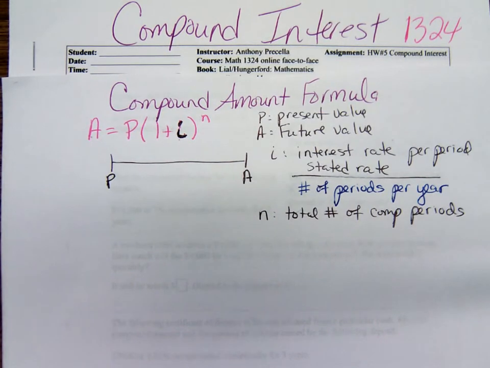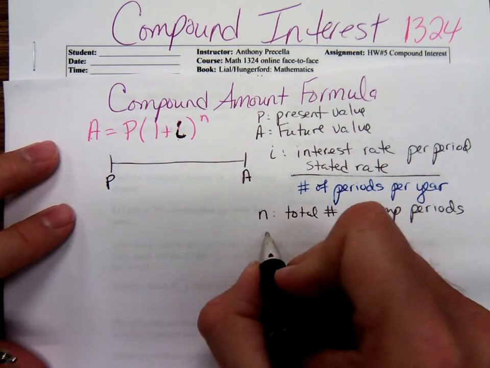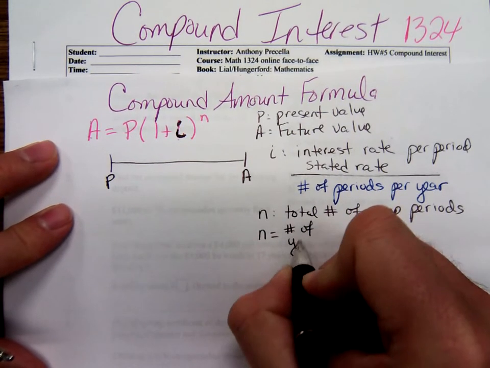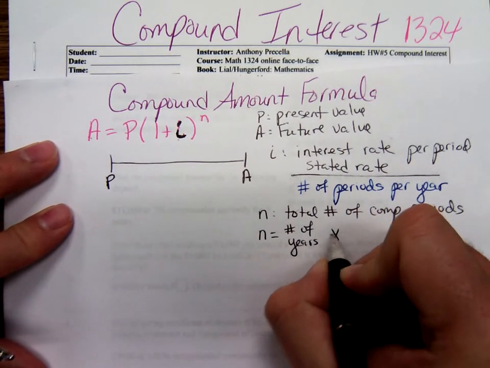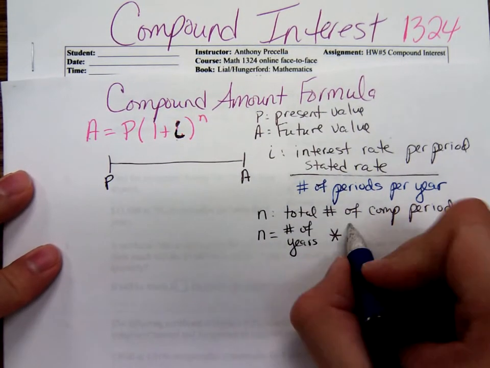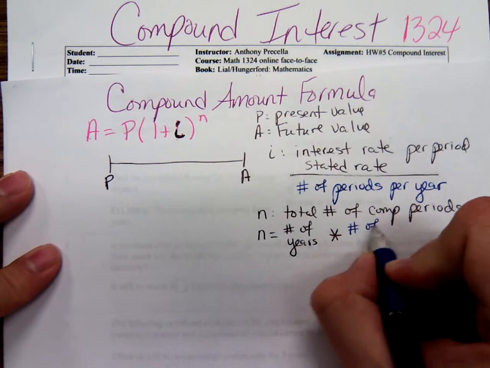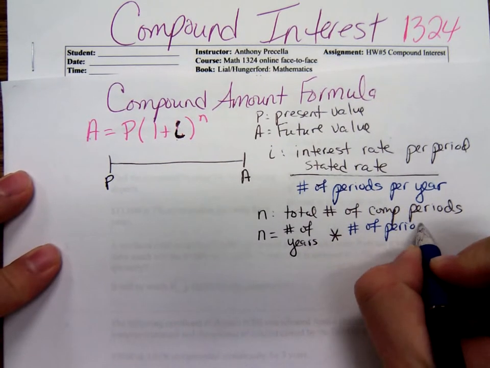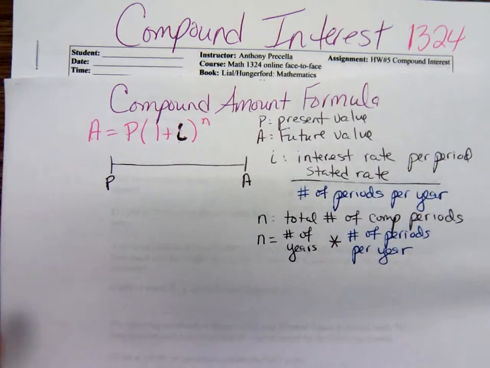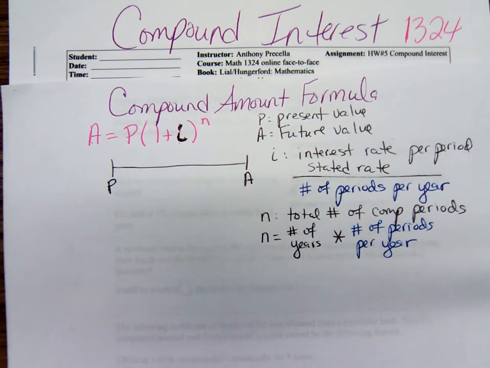In general, if you want a formula for n, it'll be the number of years times that same bottom number you used right here, the number of periods per year. And the period depends on whether they are talking about daily, or is it being compounded monthly, or so forth. And you'll see that as we do the examples.